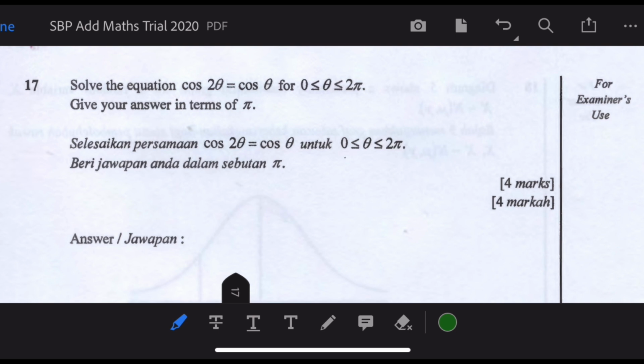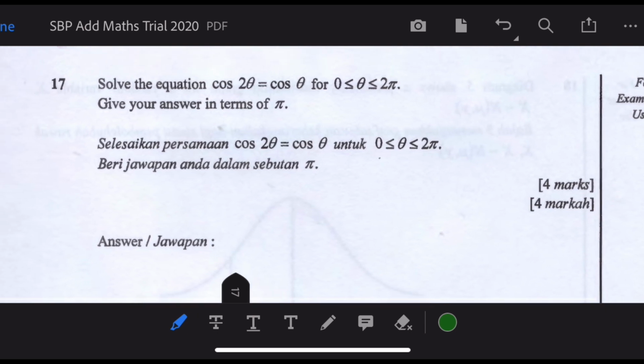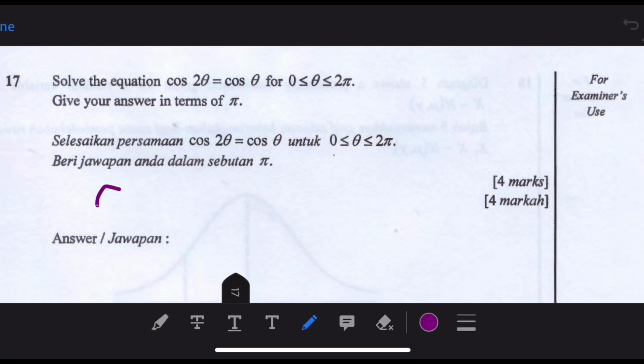So if it is an equation, you must make sure your double angle, the cos 2 theta, you have 3 formulas, right? You have 2 cos square theta minus 1. Another one is cos square theta minus sine square theta. And one more is 1 minus 2 sine square theta.